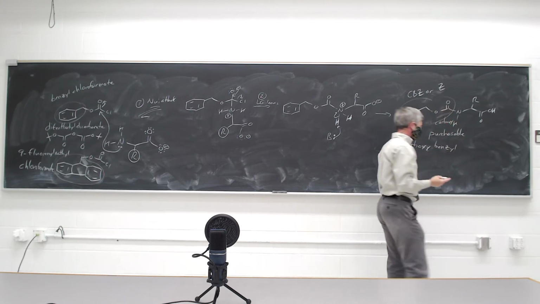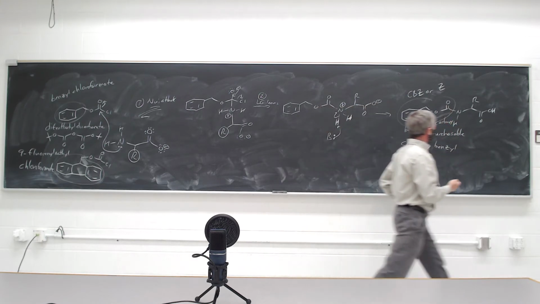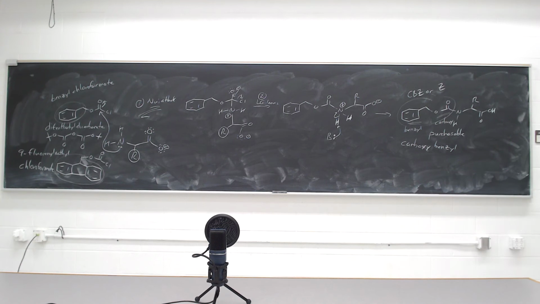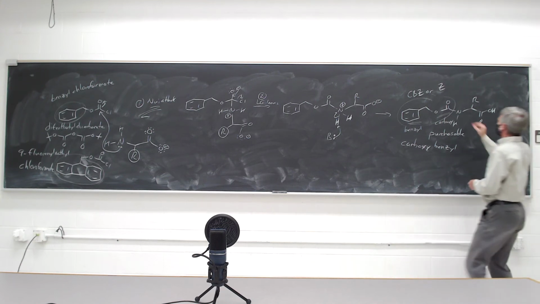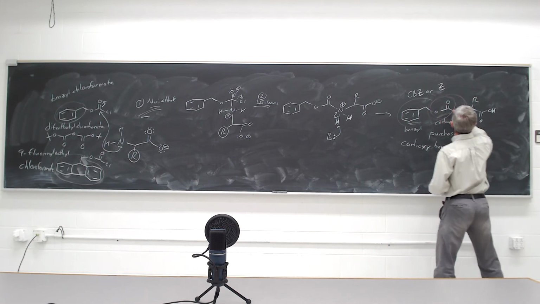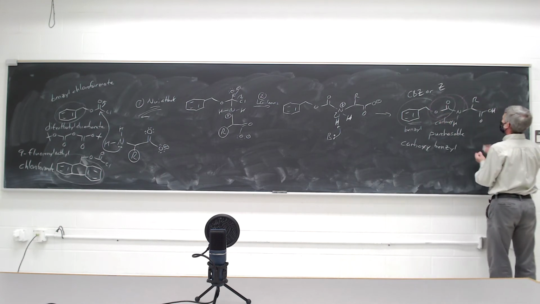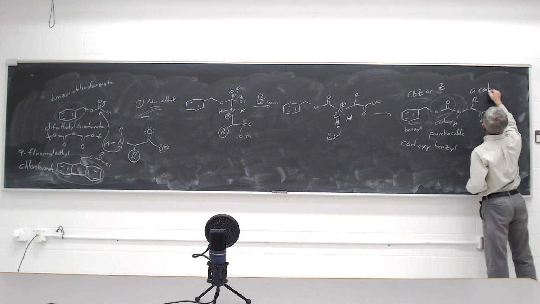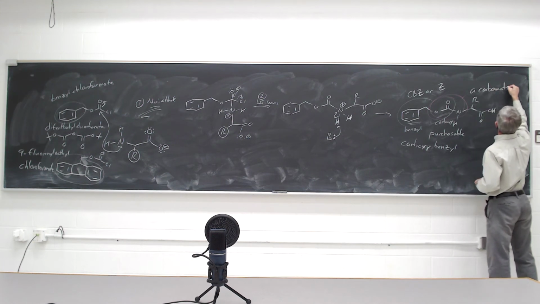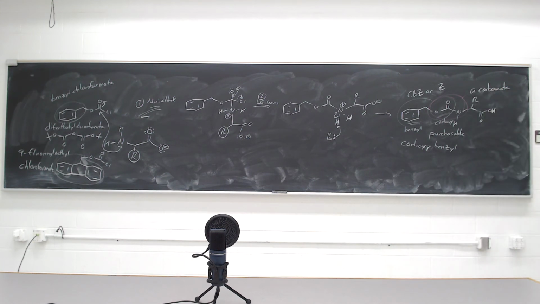The important thing to notice about this is that it is a carbamate. All of those will be carbamates, which is a carbon-oxygen bond in between a nitrogen and an oxygen.